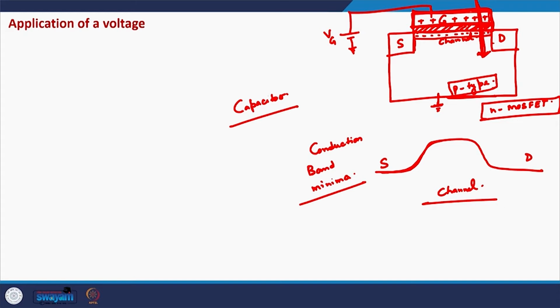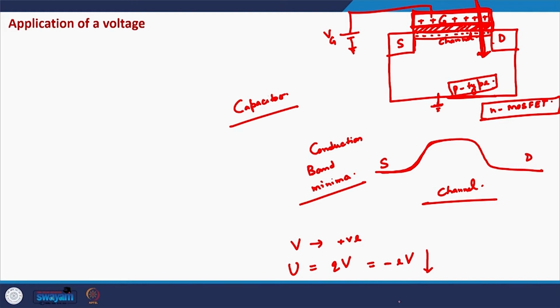So, on this terminal there is a large positive potential, so here also there will be a positive potential, and if this V is positive, then the electron potential energy, which is given as Q times V, and Q is minus for electrons, is minus E times V.